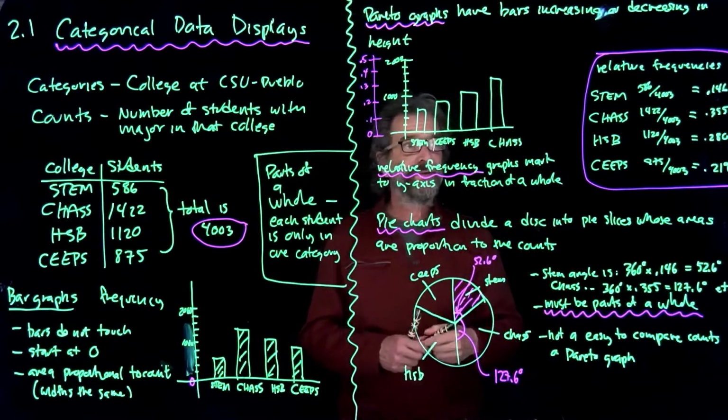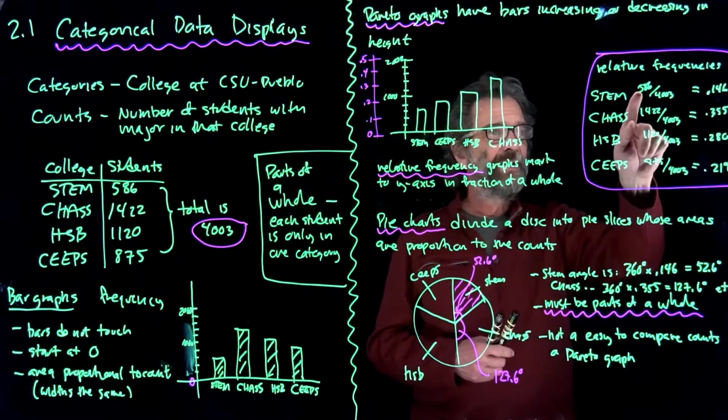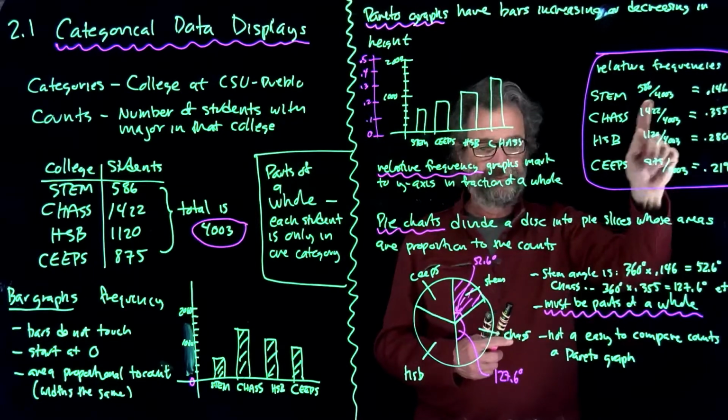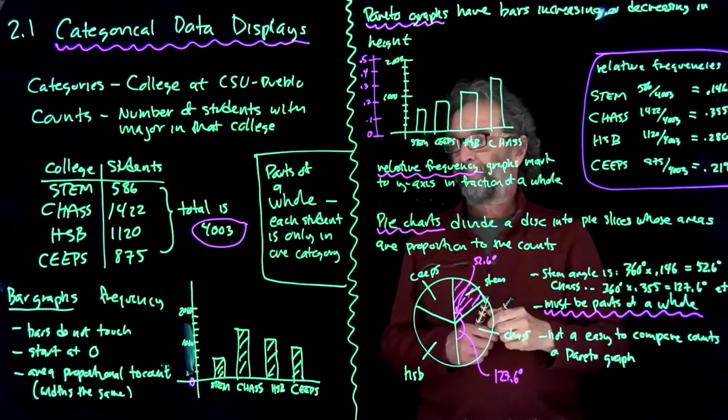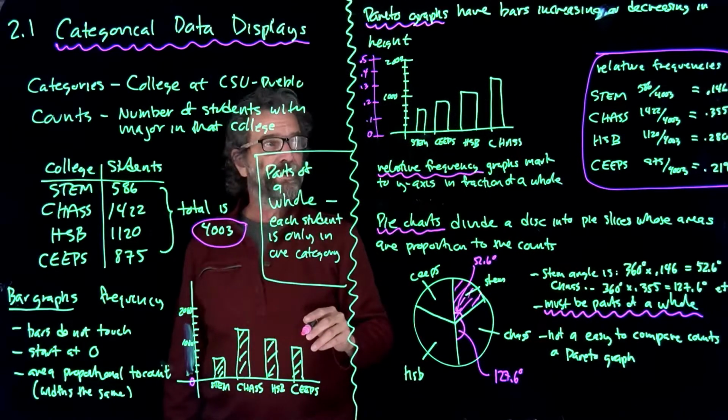And plus, if you're doing relative frequencies, you also need parts of a whole, because why would you divide this by the total if it's not that fraction of the total? So here we have parts of a whole. Relative frequency only works with parts of a whole.